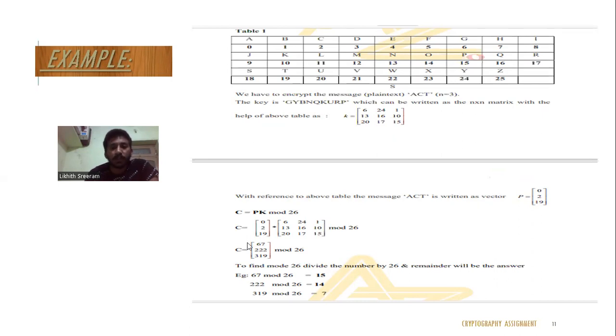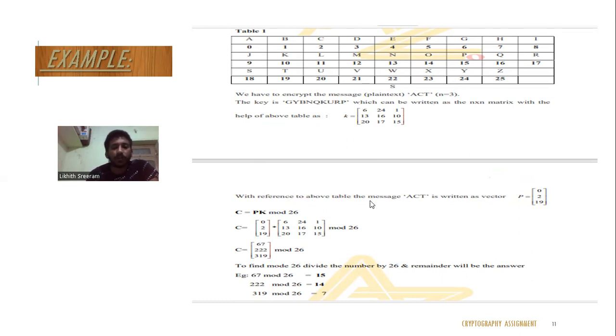N equals 3 means the ciphertext row or column will contain only 3 elements. If we see the key matrix, it is 3 cross 3. If n is equal to 4, it will be 4 cross 4.